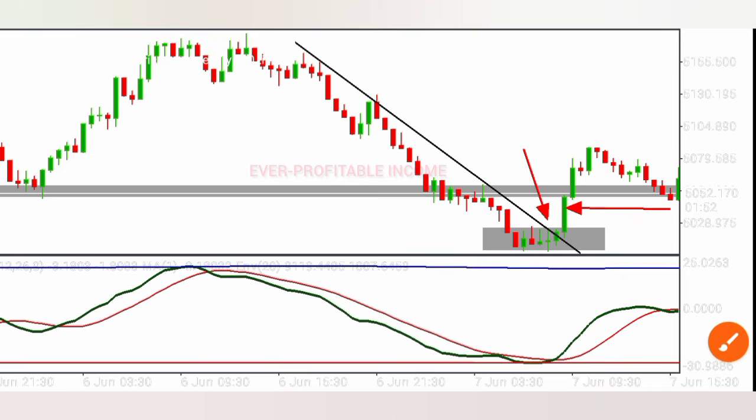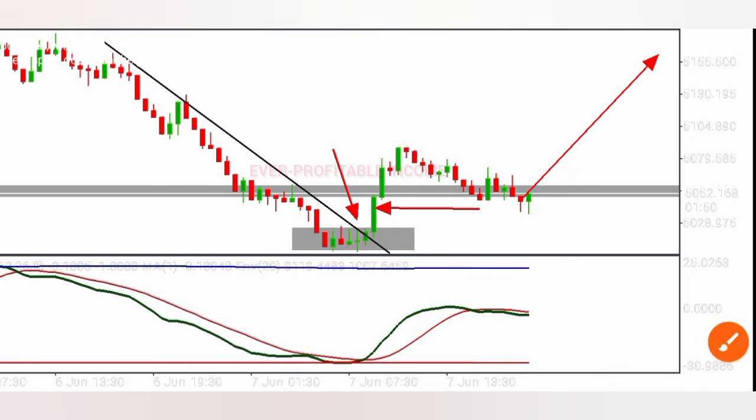So having seen this, all you have to do is allow the first spike to occur like we always do. Once the first spike occurs, you hop into the trade and you are going to make massive profit.